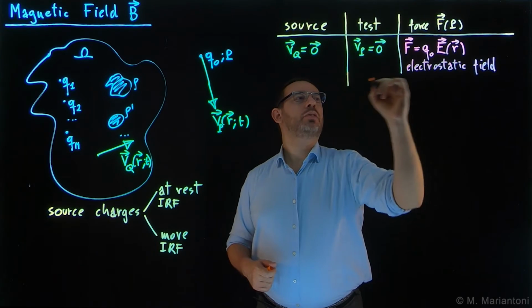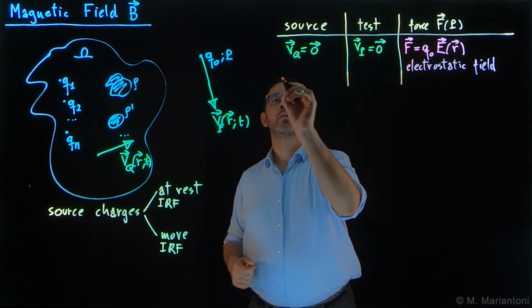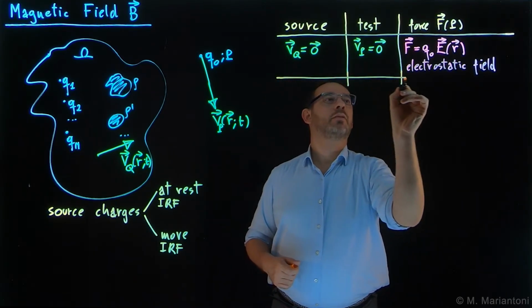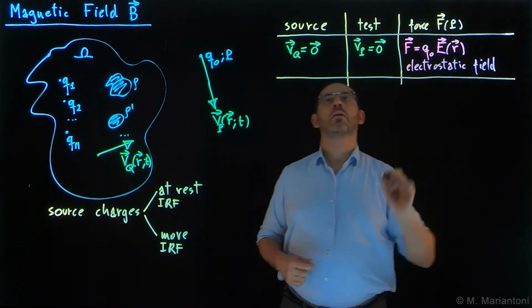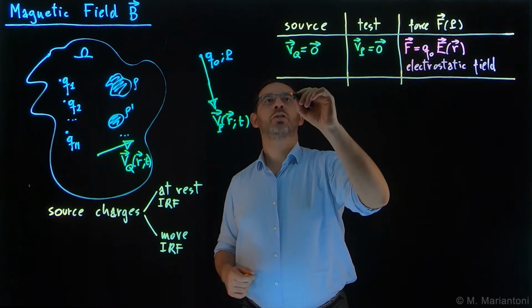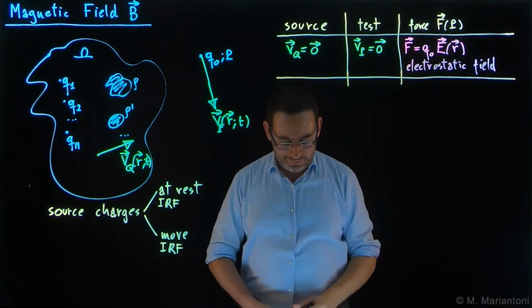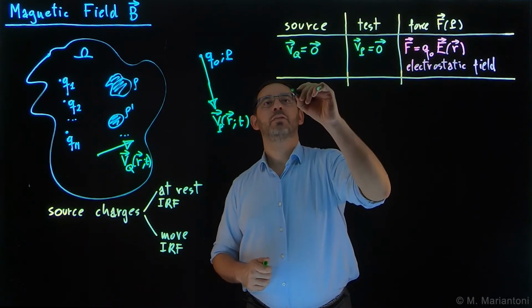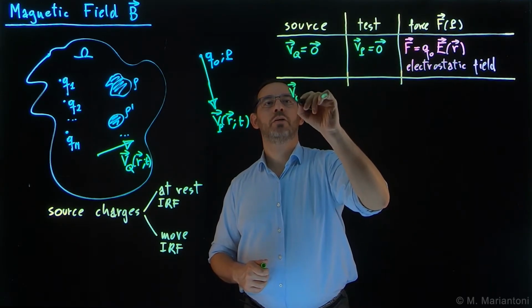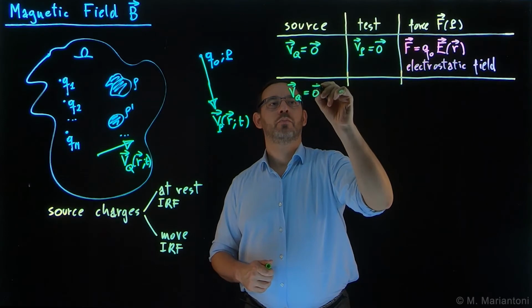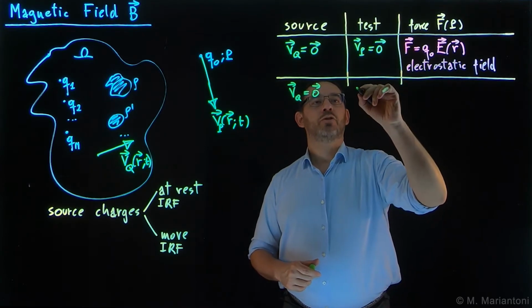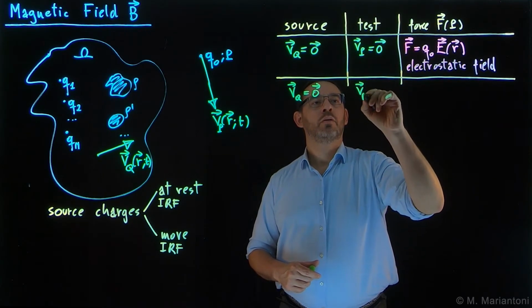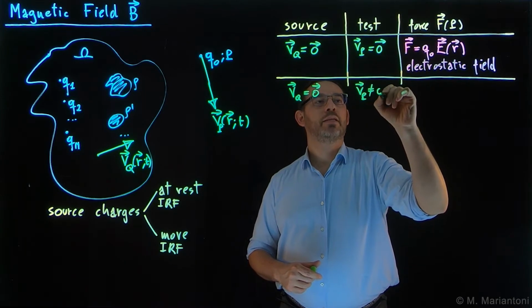Now, suppose instead that the source charges are still at rest, so they do not move, so v_Q is equal to 0. But the test charge moves. v_P is different than 0.